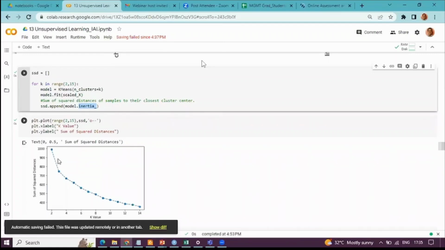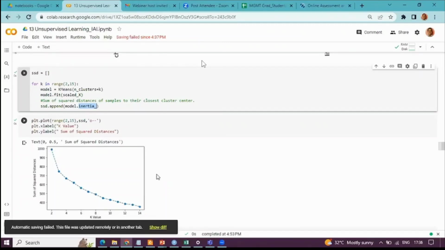Depending on the number of clusters that I am going with, the within the cluster sum of squares keeps decreasing. But I am more interested in where the decrease has actually flattened, where the fall in the sum of squares has actually flattened.